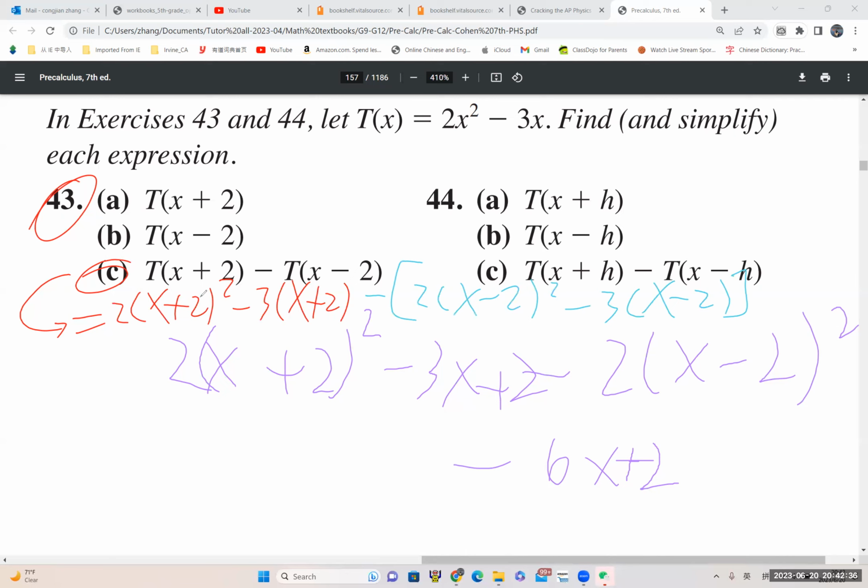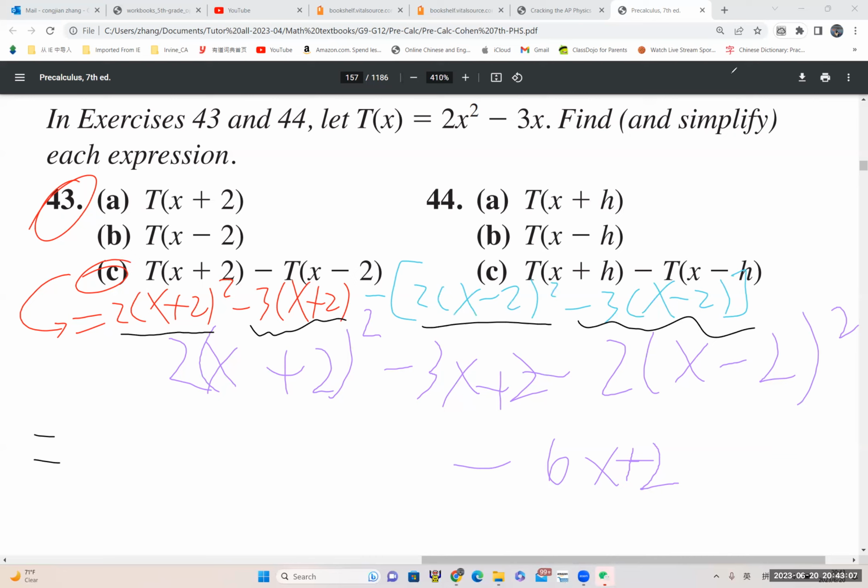Then you have two choices. One is you just multiply each of them, then combine like terms. This means the regular way. But we can have a special way. You see, they are actually very similar, right? So divide them into two groups, whether they are similar or not.